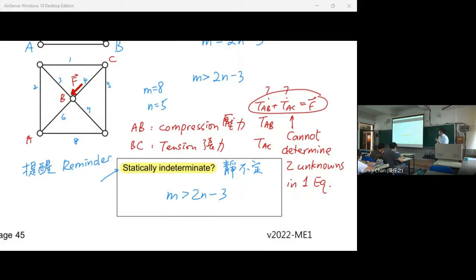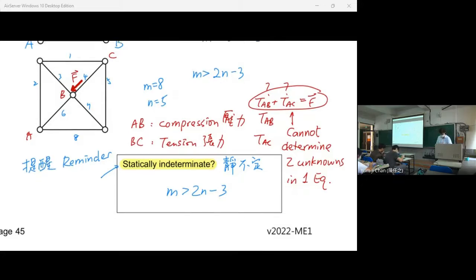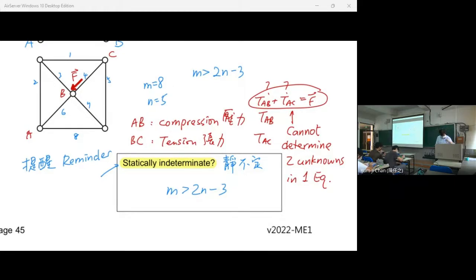Statically indeterminate means we cannot determine all the forces. It is in equilibrium, okay? It is in equilibrium, but we cannot determine all the forces using the statics equations.